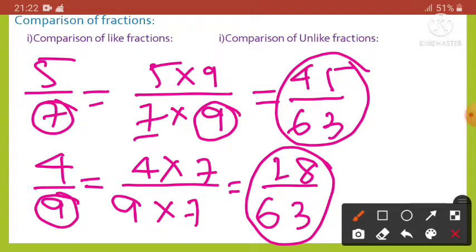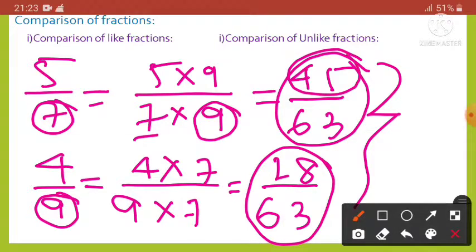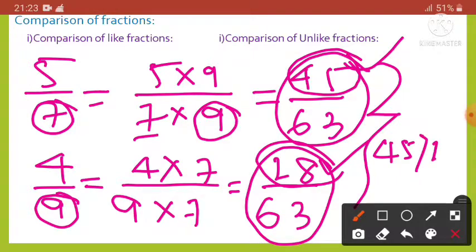Now you can see that in both of the fractions denominators are same. Okay, now we can compare. So we know if denominators are same, then we just compare the numerators. In the first fraction the numerator is 45 and in the next fraction it is 28, and we know 45 is greater than 28.